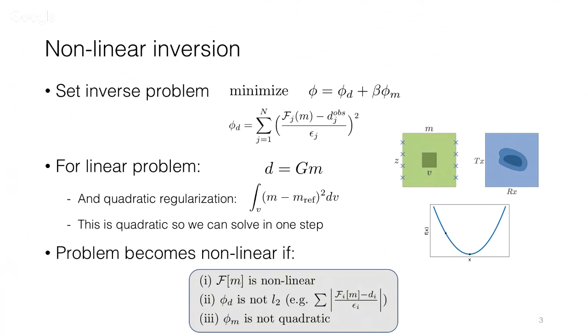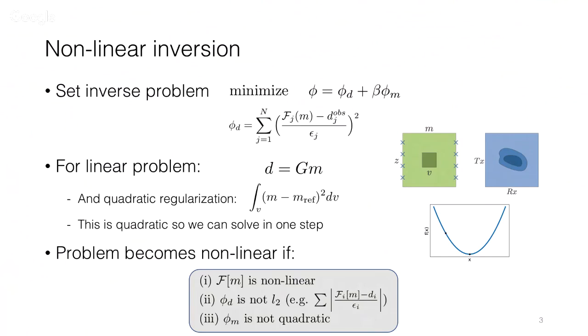So the problem, however, becomes nonlinear if any of the following happen. For instance, if this forward mapping operator that you've got is nonlinear. It could also be changed here: we've got a 2 norm, but you could make that an L1 norm or something else. That could make it nonlinear.